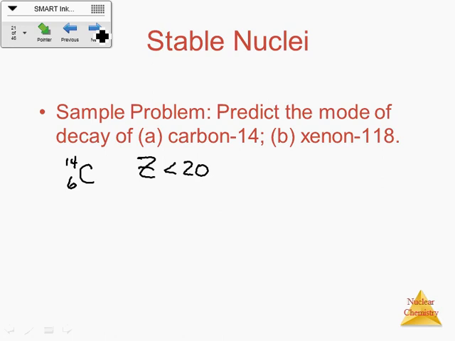So basically we've got too many neutrons here, and the type of decay that changes neutrons into protons is beta decay. So we would expect this to be beta decay for part A.